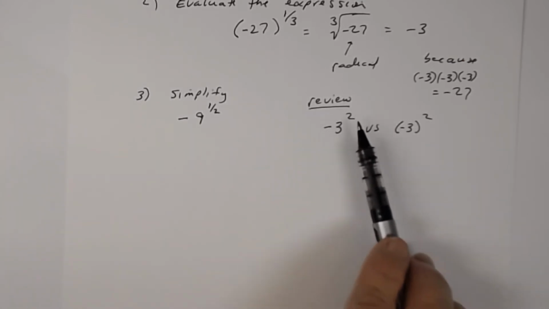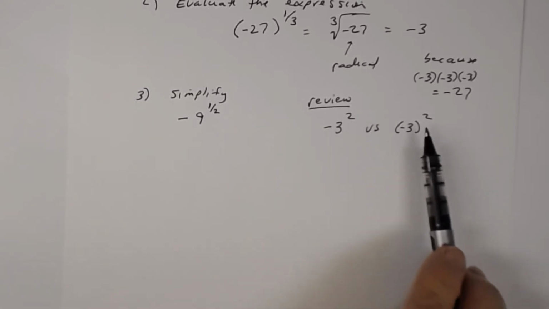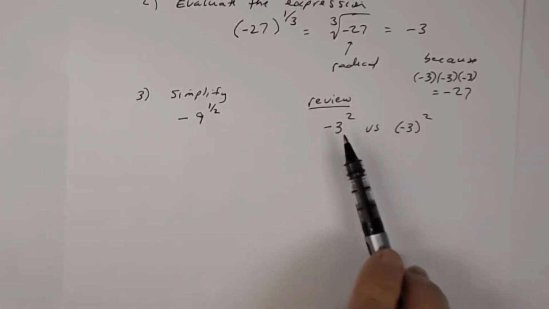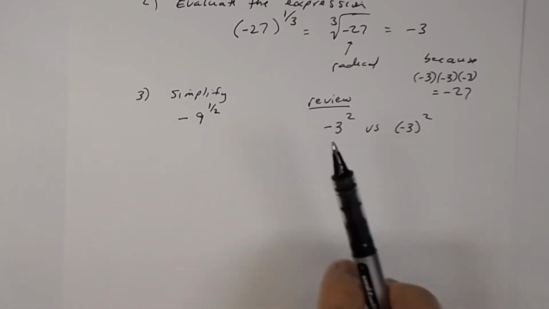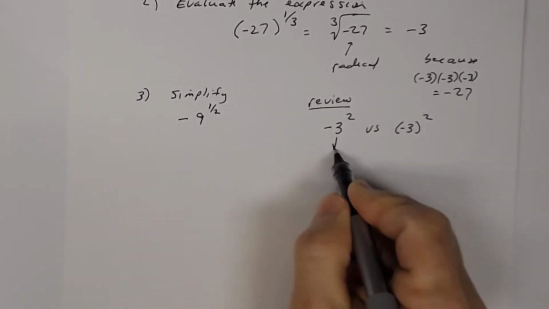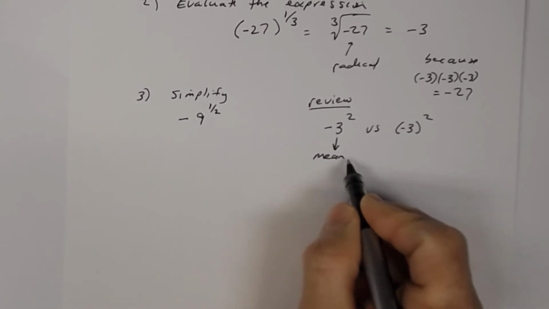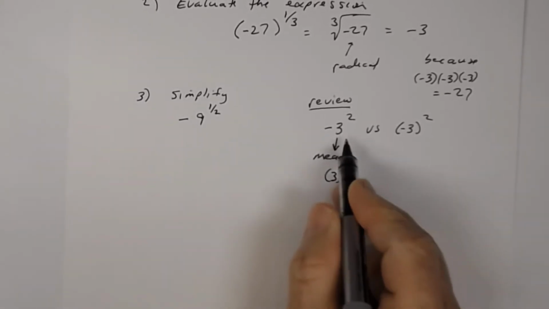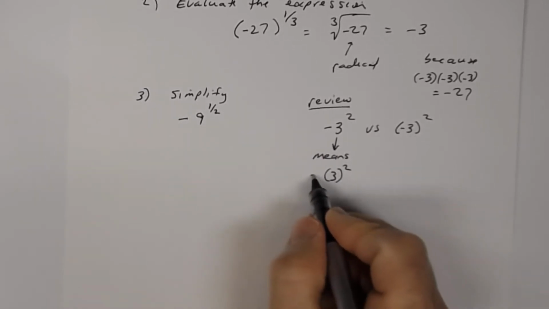So in this particular case, what is the base? I know the base here is negative 3 because it's in parentheses, but what is the base over here? So I want you to notice the base here is 3 only. That's what this is. And then in the front, you have this negative.